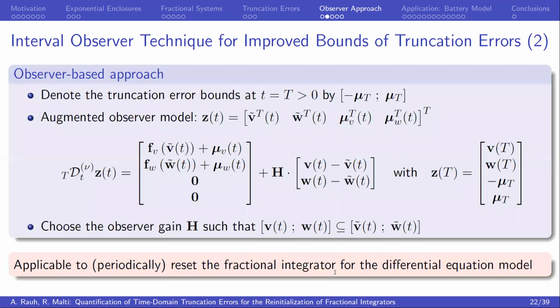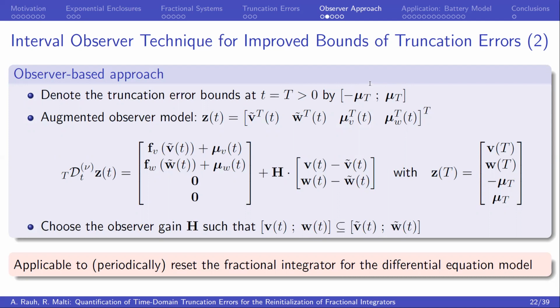Now let's assume that we have integrated the system model till the point of time capital T, which is greater than 0. At this point of time, we can derive constant guaranteed error bounds for the truncation error by Podlubny's formula. These are now the bounds minus mu T and plus mu T for each component of the pseudo-state vector.